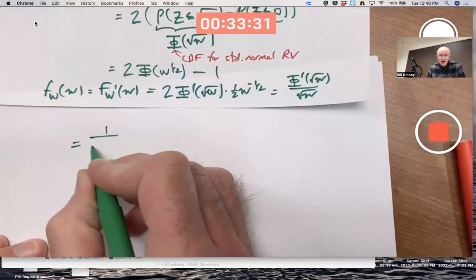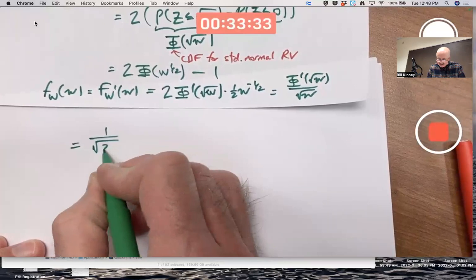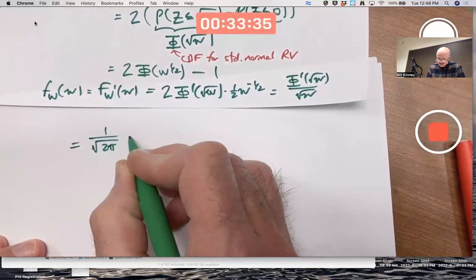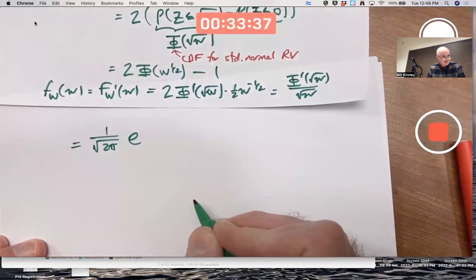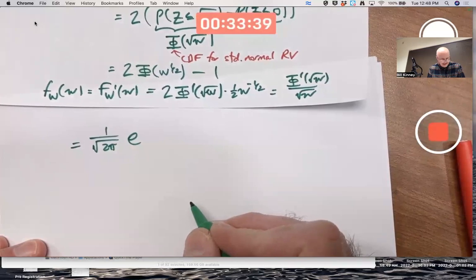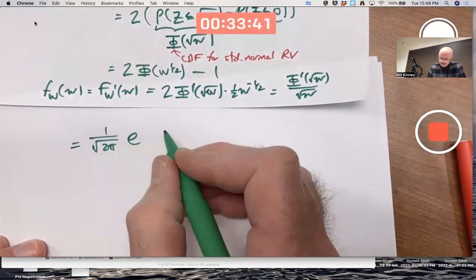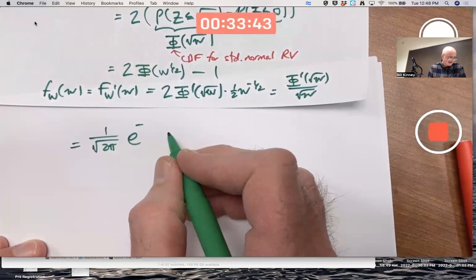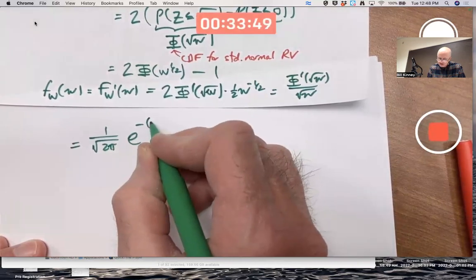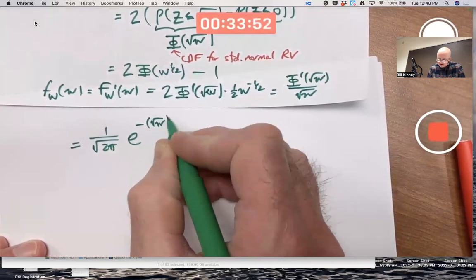1 over the square root of 2 pi, times exp in the book for typesetting purposes, but I'll write e, to the negative x squared over 2 sigma squared, but sigma is 1. So x squared over 2, but I need to replace x with square root of w here.